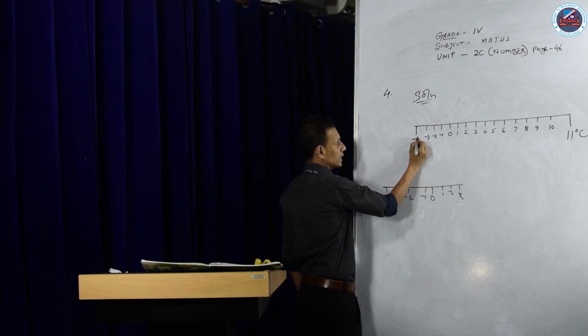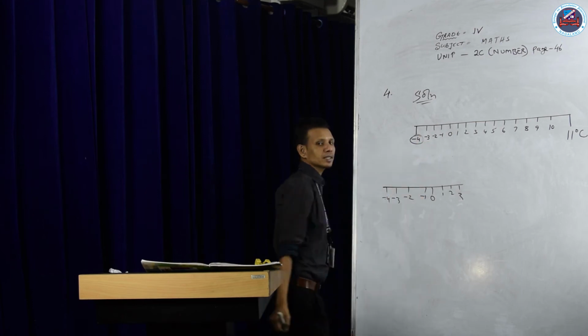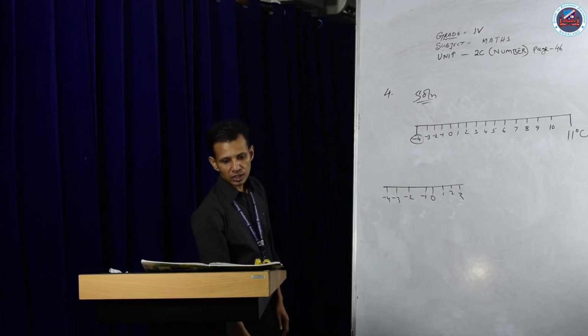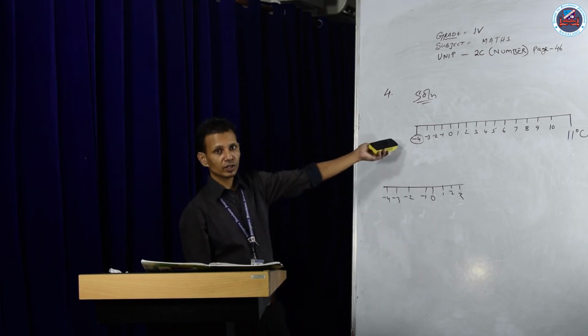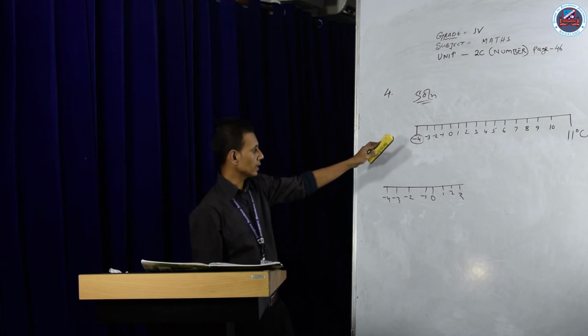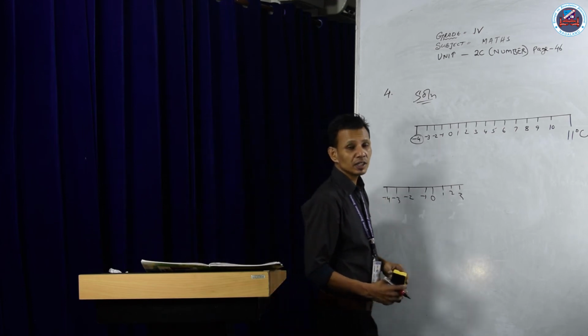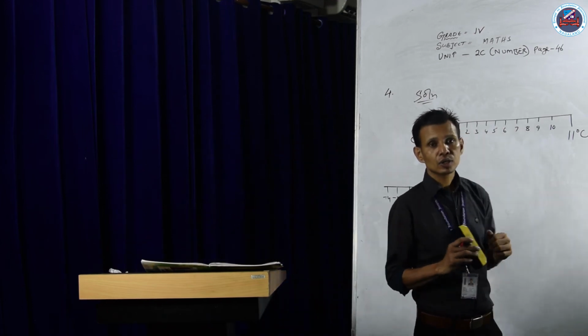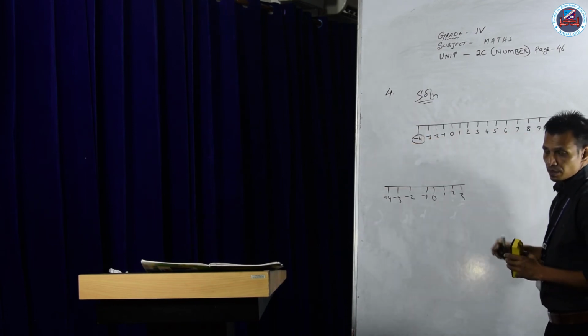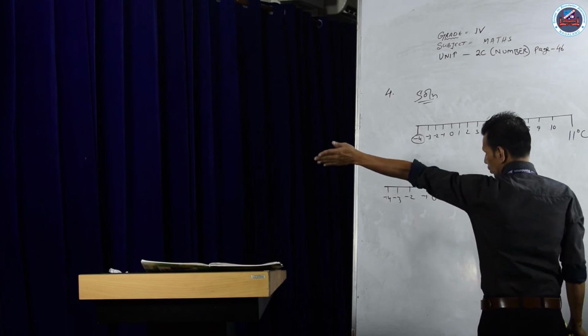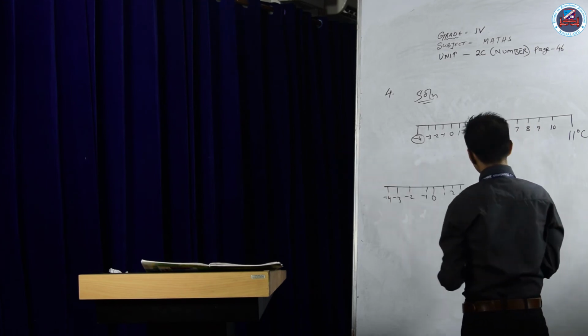This will be -4. Which is your answer? The question said, what is the temperature in Ireland? -4 degrees Celsius is the temperature in Ireland, because it's getting 15 degrees Celsius colder than England. Colder means always move this side. Remember, children, colder always moves to your left, warmer always moves to your right.